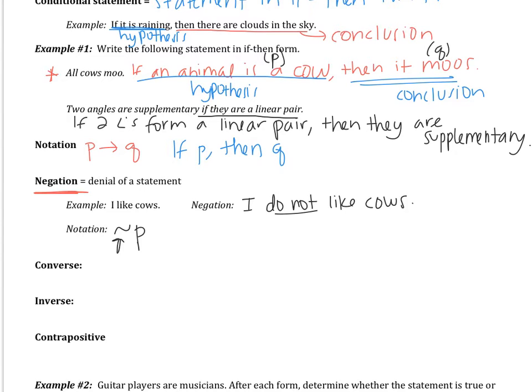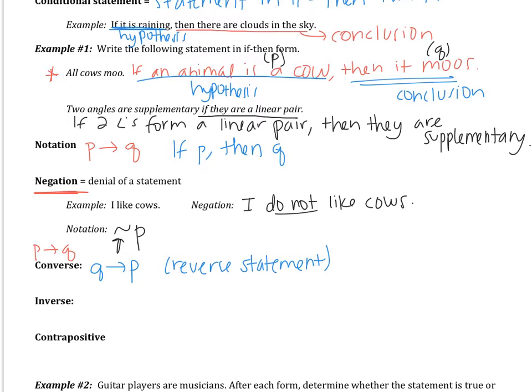Now we're going to take a conditional statement and write the converse, inverse, and contrapositive. Remember that the original statement is P implies Q. The converse goes Q implies P. This just means that you reverse the statement. So you write the second part first.